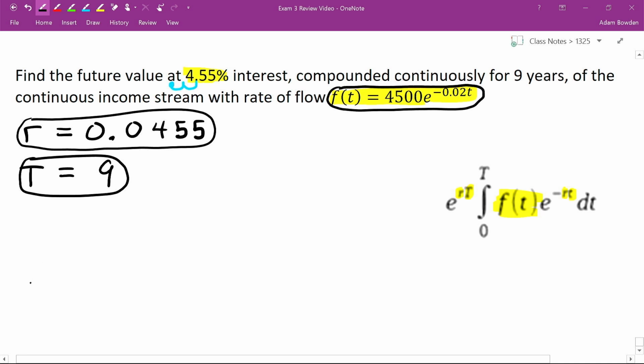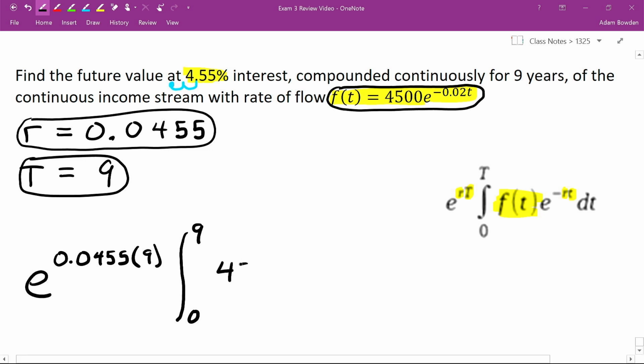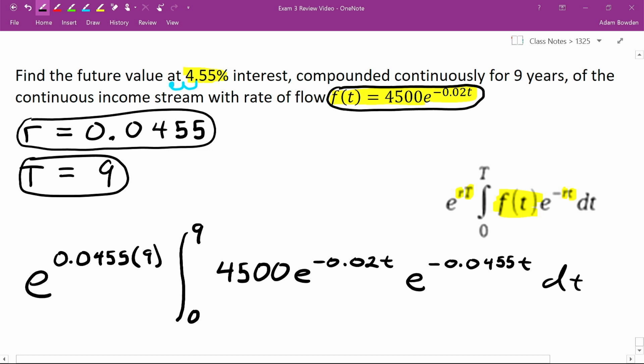If I do that, it's going to look like e raised to the 0.0455 times 9. Then we write the integral symbol, 0 at the bottom, capital T at the top, so that'd be 9. Okay, and then the other parts here will be the 4500 e raised to the negative 0.02 t times e, there's another e in here in the formula that goes negative e raised to the negative 0.0455 t, then followed by dt.